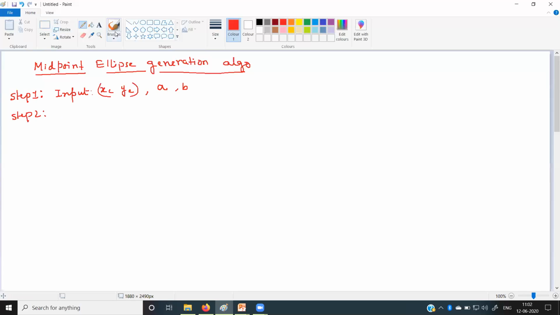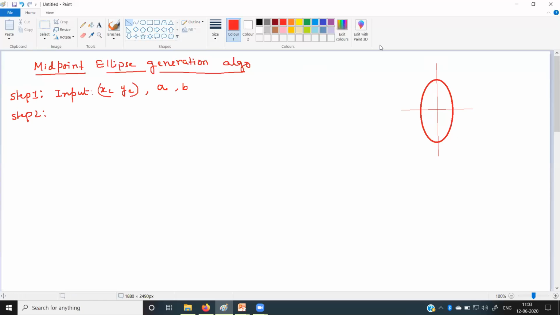As I showed you in my previous lecture, if you consider this is an ellipse, and those are the axes, the x-axis and y-axis, while we compute everything, we will consider that the center of the ellipse is 0, 0.